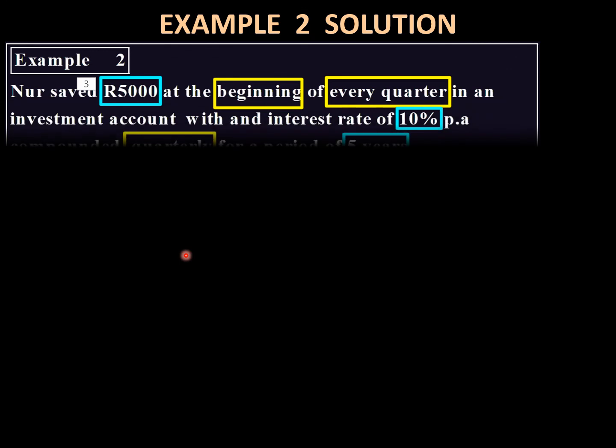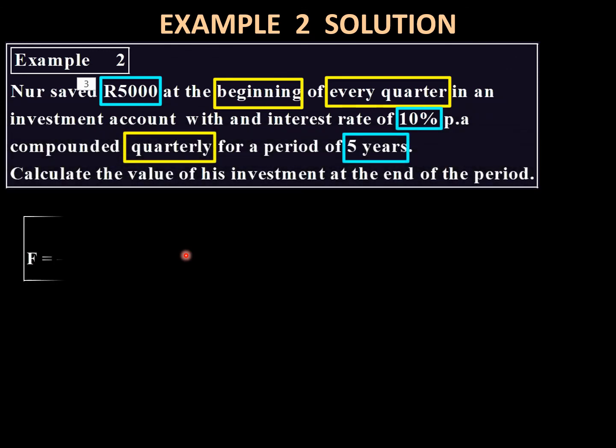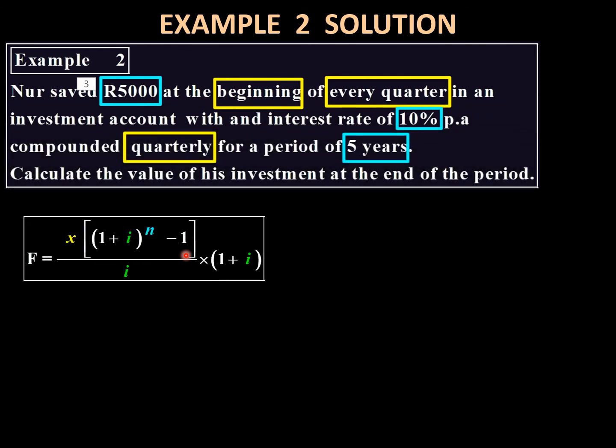Now let's actually do the calculation. I'll just put down the question there again. So we said it's going to be future value, but because it's an annuity due, it's beginning, we have to adjust the formula. We have to add that portion there. Now it's just a matter of substituting. The X is 5,000, the I is 10% over 4, the annuity period is 5 times 4, which is 20.